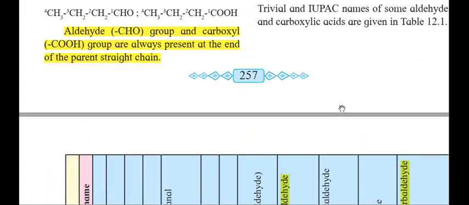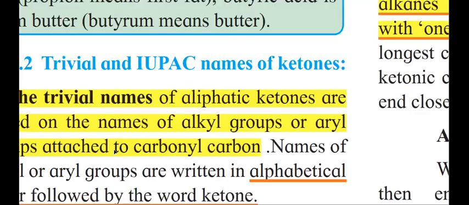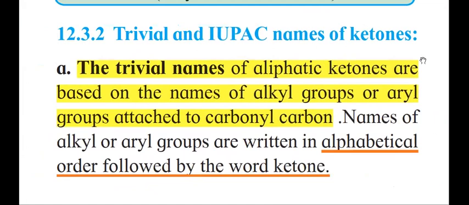Now we will see the nomenclature of ketones, trivial and IUPAC names. What is the functional group of ketone? It is COR'. First, the trivial names of aliphatic ketones are based on the names of the alkyl or aryl groups attached to the carbonyl group. We have seen the classification, aliphatic as well as aromatic.